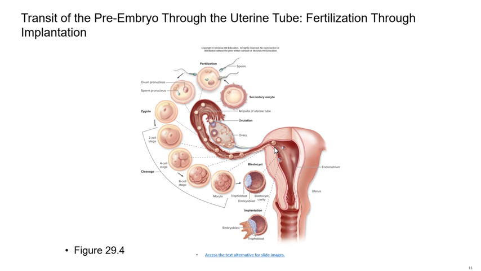It's still in the fallopian tube. So notice here that our zona pellucida, this layer surrounding the oocyte, is still intact, right? It's still present. It's present there, it's present here, it's present around the morula. That's helping to keep the overall size of this structure the same, right?